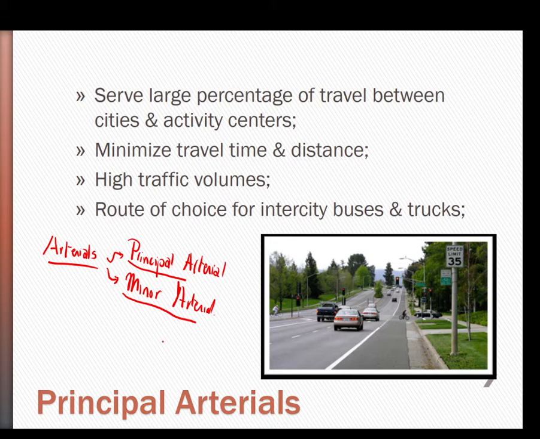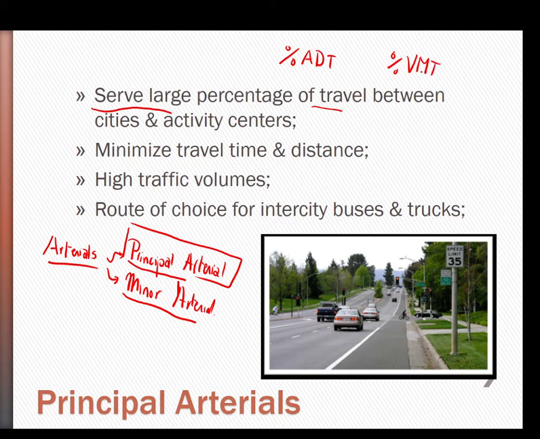So for principal arterials, the first one here, number one, all the interstates that you can see are principal arterials. Any freeway, any expressway, is defined as a principal arterial. They serve a very large percentage of travel. When I say percentage of travel, we talk here about percentage of either your ADT or percentage of VMT.